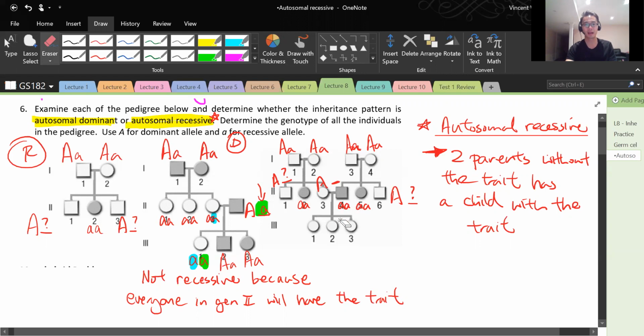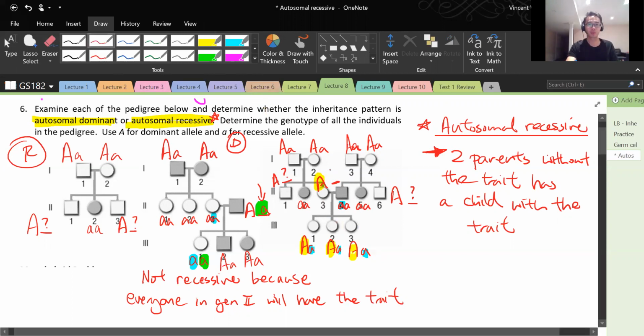That means all these kids do not have the trait because of the mother. So all these kids are going to be big A, small a, big A, small a, big A, small a. All these small a's came from the father, and all the big A's came from the mother.